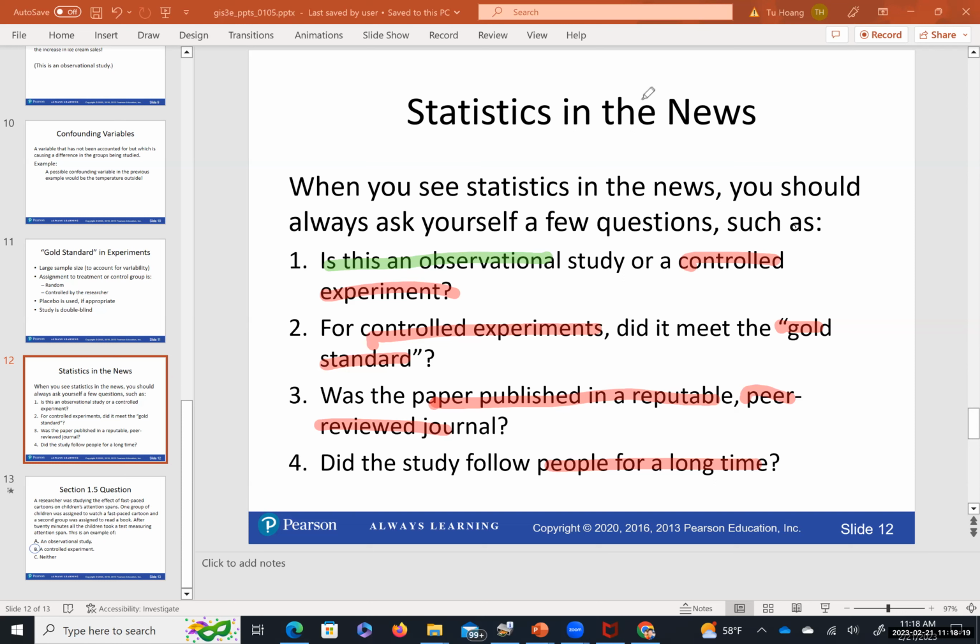So you also have to always ask these four questions to understand the statistic in the news. Okay.